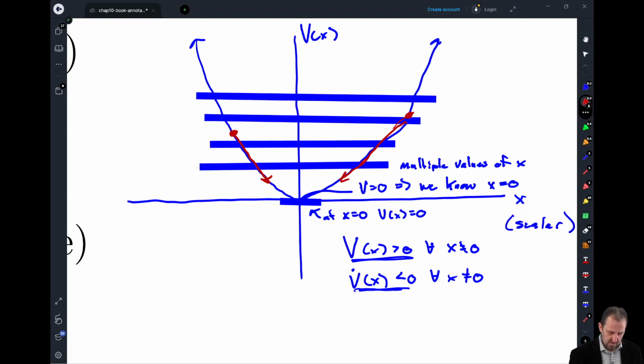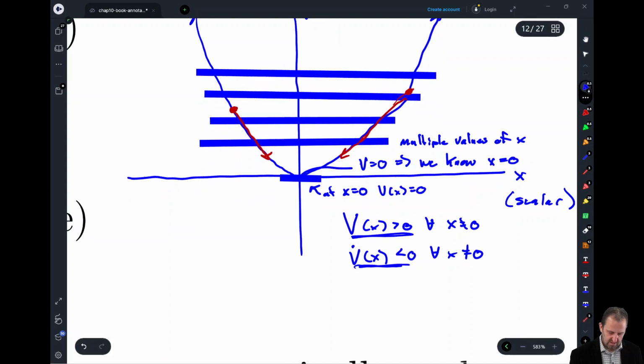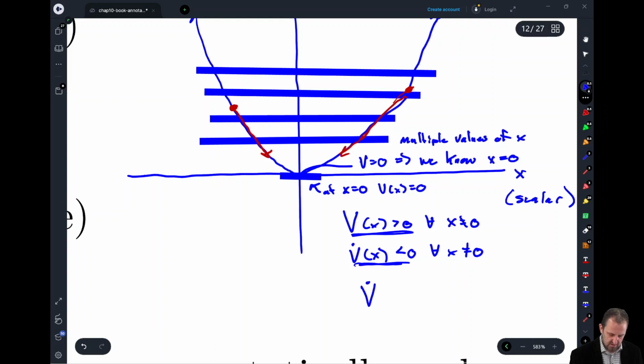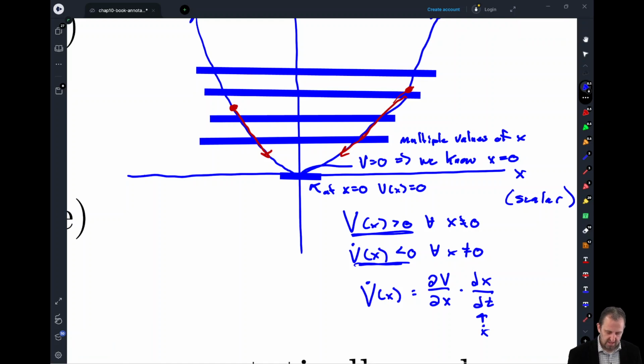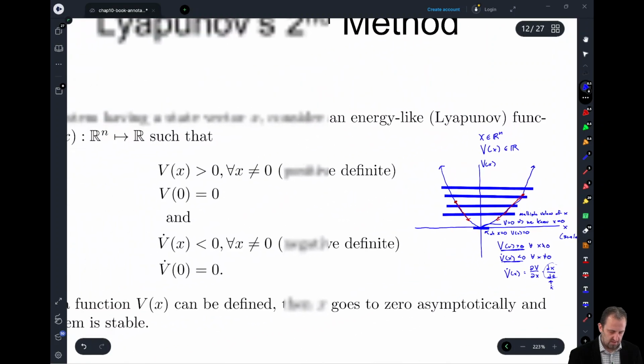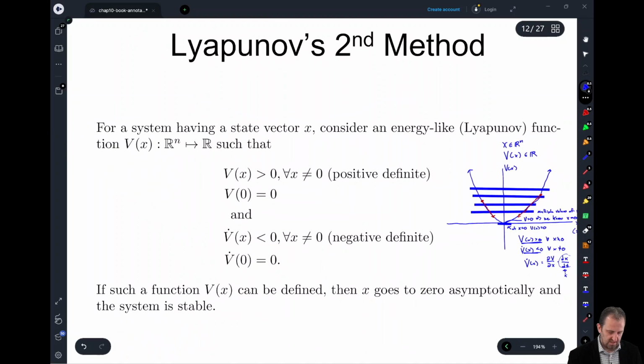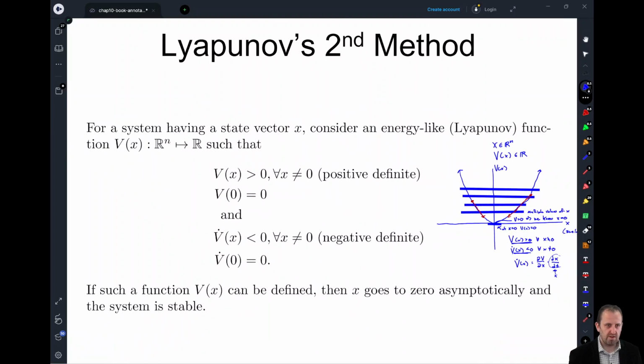And one thing to note here is that v dot is going to be equal to dv, the partial of v with respect to x, times the dynamics of x with respect to time, or our x dot. So now we can relate the dynamics of our x to this function, which helps us know where things are going. Okay. So that's a really brief overview of Lyapunov function.